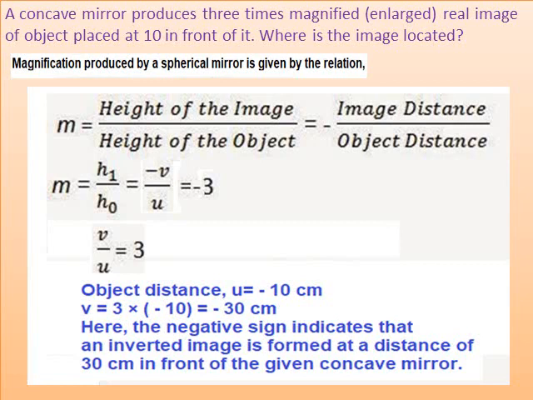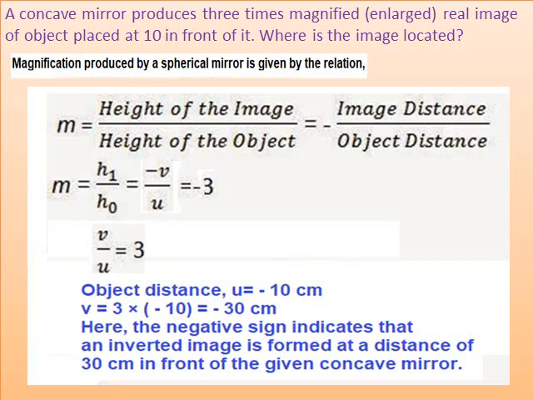Here in the slide it is given in a roundabout way, but I will give you this simplified version of this. So what is the formula for magnification? Minus V by U. M is equal to minus V by U. So substitute M is equal to minus 3.